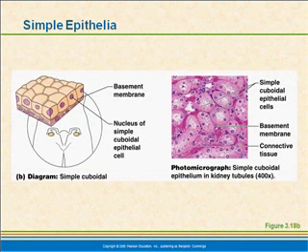And here's an example of simple cuboidal epithelium, taken from a kidney. If you look closely, you will see a little hollow area here, and then we have little square cells that form this tube, and this dark pink staining area is the connective tissue below.